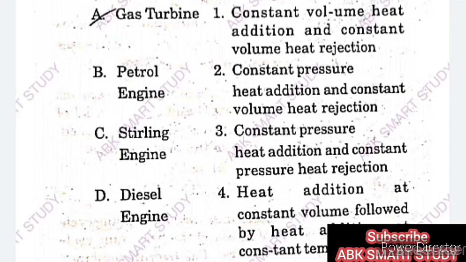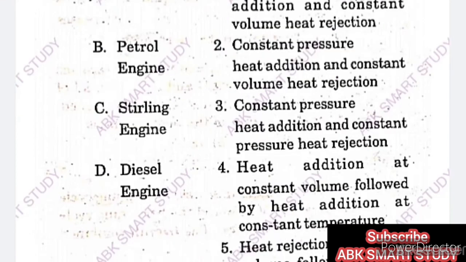For gas turbine we use constant pressure heat addition and constant pressure heat rejection. Then for petrol engine, constant volume heat addition and constant volume heat rejection. Then for Stirling engine, heat addition at constant volume followed by heat addition at constant temperature.